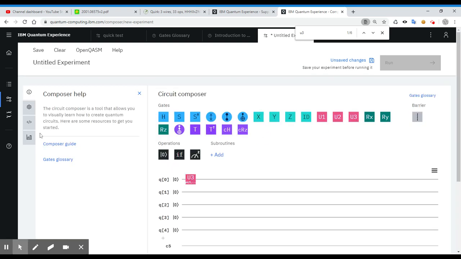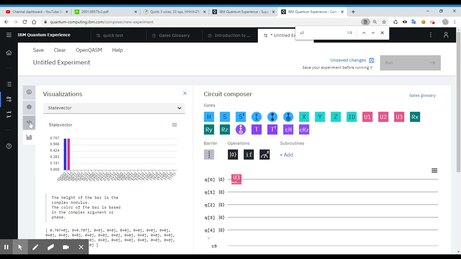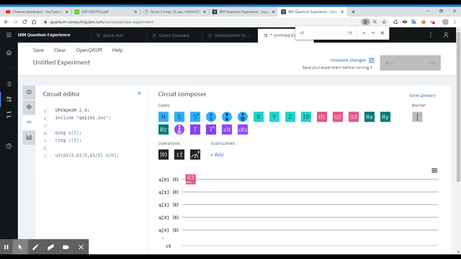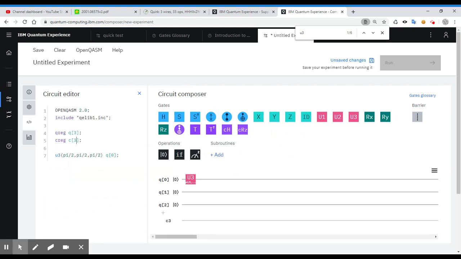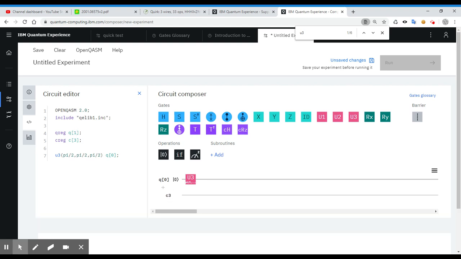So they changed that a little bit. It's pretty nice. I just want one qubit, really.